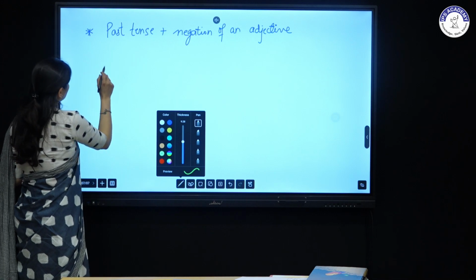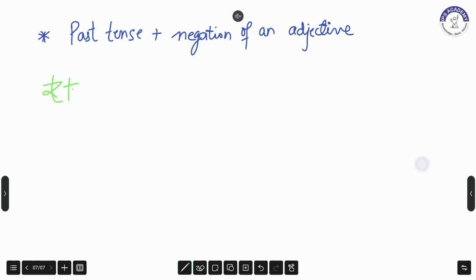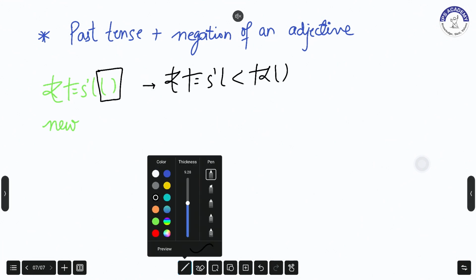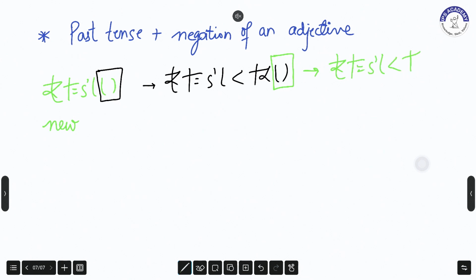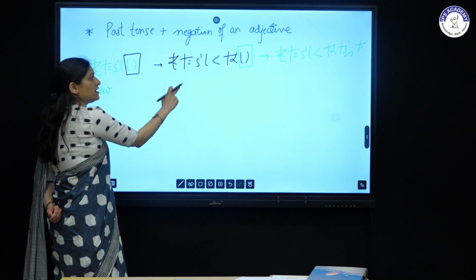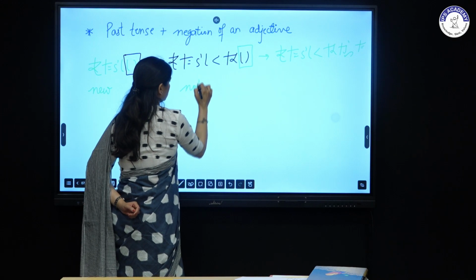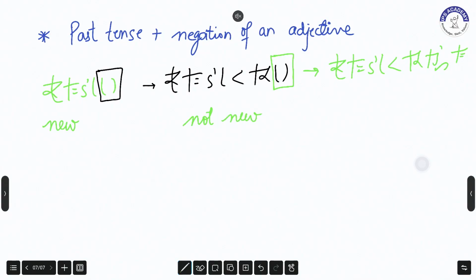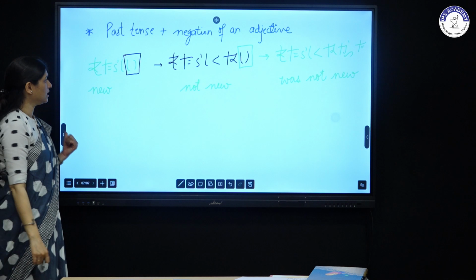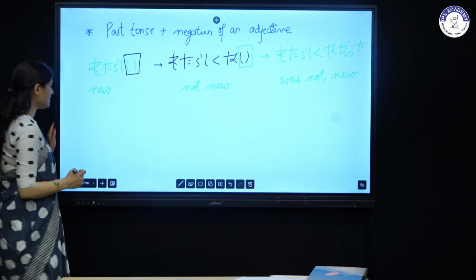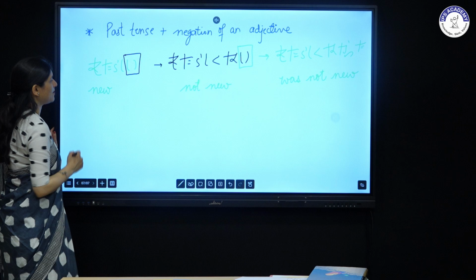Let us take the adjective atarashii. Atarashikunai means not new. Wakarimasu ka? Yes? Okay. Let us explain this by giving an example.